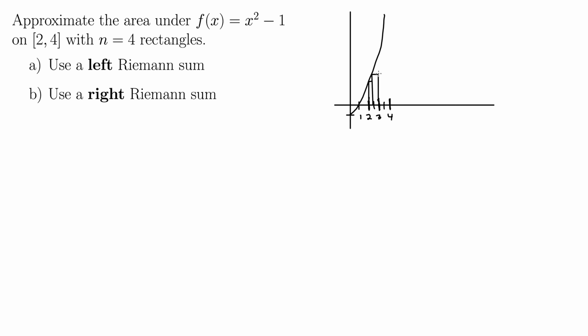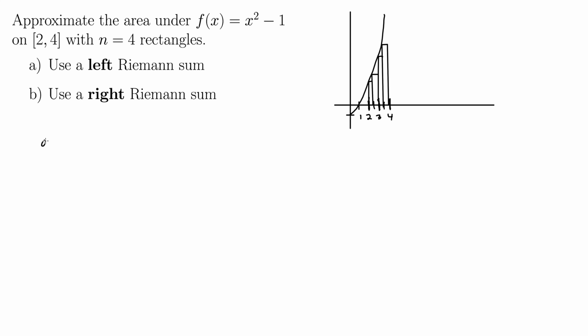And then 3, we'll use that to go up to the curve, and then over to 3.5 and down. And then at 3.5, we'll use that to go up to the curve, and then over and down. Okay, so something like that. Hopefully your sketch looks better than mine does. Those rectangles are all supposed to be the same width, but I think you get the idea here.